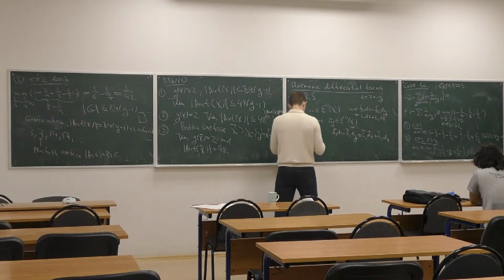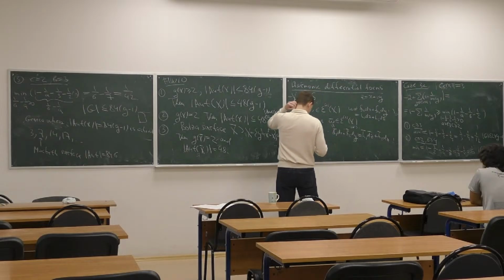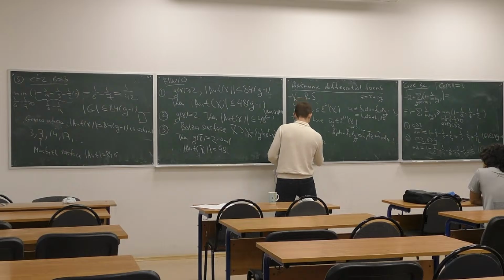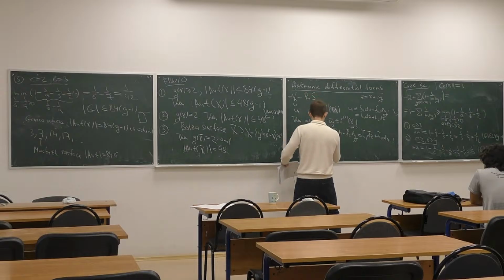Then you have this star operation. Any differential form omega on U you can decompose as omega 1 plus omega 2, a sum of a form of type (1,0) and a form in Omega^{0,1}(U).